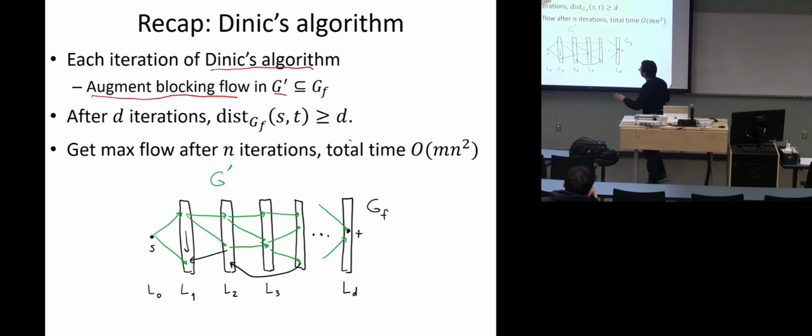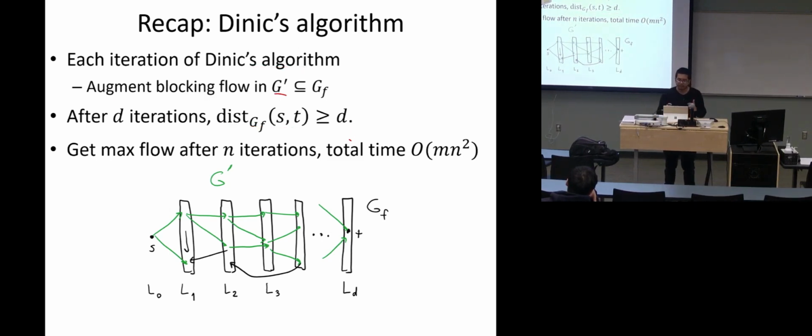Doesn't matter too much, but the point is that after the iteration in Dinic's algorithm, the distance from S to T must be at least D, because in each iteration the distance increases by at least 1. I just need you to recall this thing.